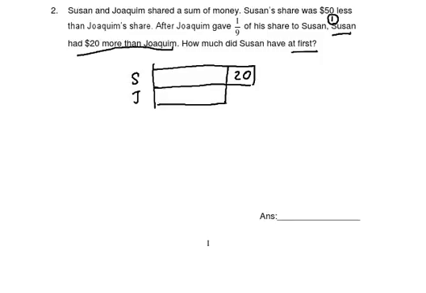Yes or no? Yes. Okay, now, Joachim gave 1/9 of his share to Susan. Since Joachim gave 1/9 of his share, what fraction is he left with? Very similar to the double if, right? Can you remember? Since he's left with 8/9, that means how many units is that, Ernest?